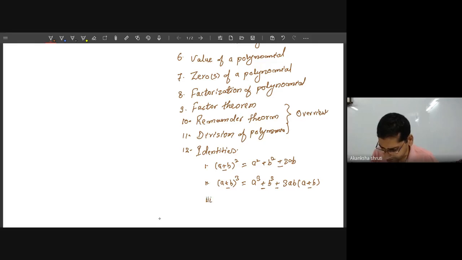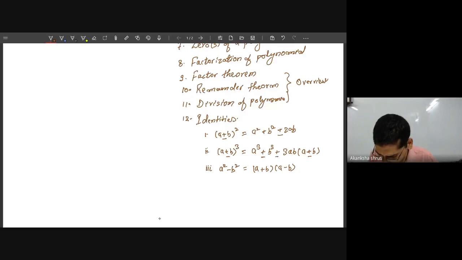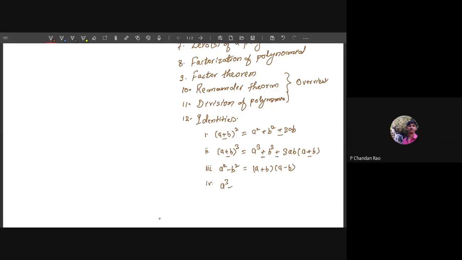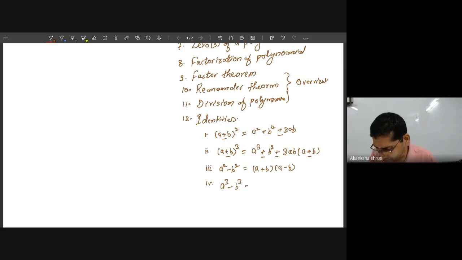The third one is our a square minus b square. You already know, and we have used this identity many times in chapter 1 also. Very good. It is (a plus b) into (a minus b). Another one, a cube minus b cube.